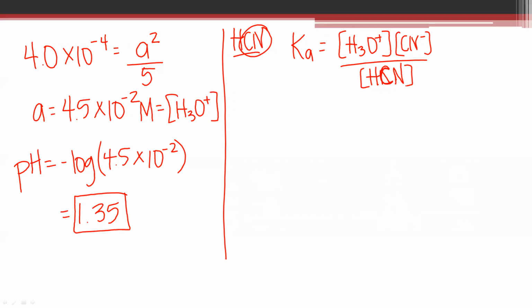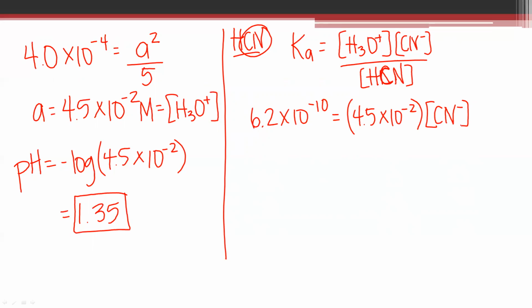Remember I said that we already know the H3O plus, we already know hydronium ion, we already know Ka as well. So the Ka value for the HCN was 6.2 times 10 to the negative 10. Then this is at equilibrium, so we already know the hydronium. We just solved for that recently, so that's the 4.5 times 10 to the negative 2. We don't know the CN concentration, we're solving for that.